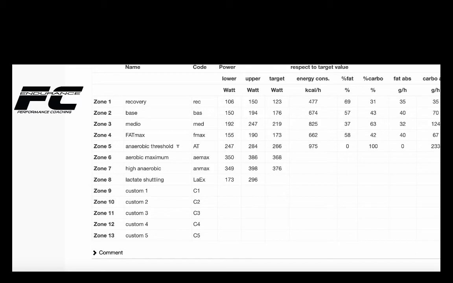Okay, and then anaerobic threshold. Once again, your threshold is 266, but it's always a range, right? It's never precisely that, but on the low end 247, and on the upper end 284. Okay, and so the intervals where I'm going to have you do maximum aerobic work without going into the anaerobic, it's about 368 for your target wattage, and these will be limited in duration.